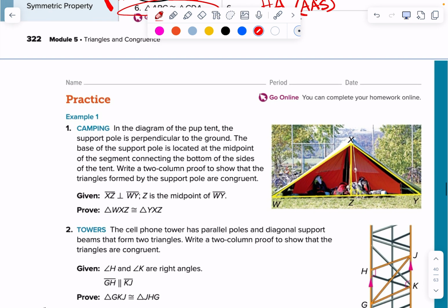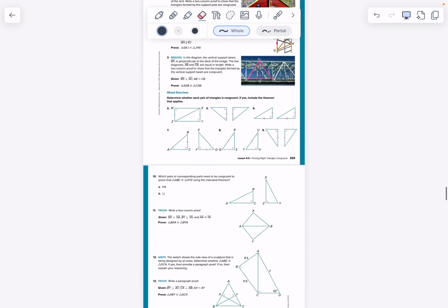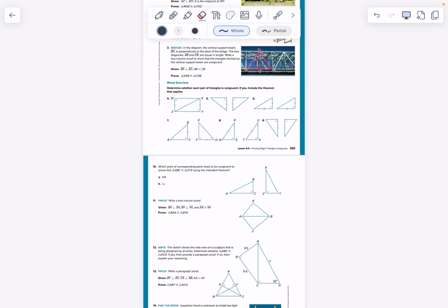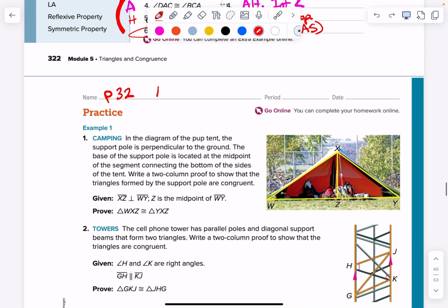All right, homework is page 323. I got to find my paper. 5-5. 4 through 11 all.